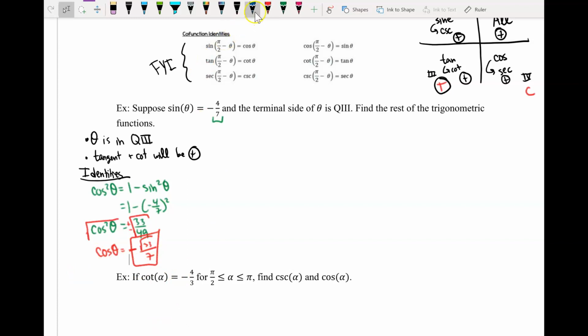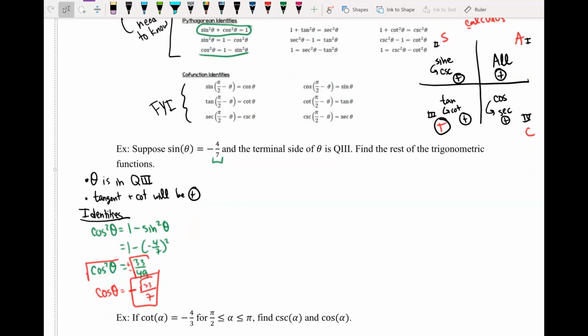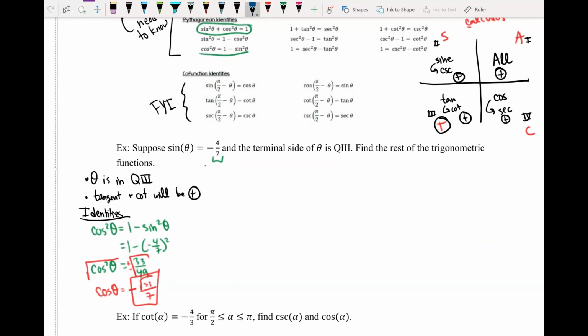Alright, now how can I figure out what tangent is? Well, because now I have the sine and the cosine, I know that tangent of theta is sine over cosine. So the sine in this case was equal to negative 4 over 7. The cosine was equal to negative square root of 33 over 7.